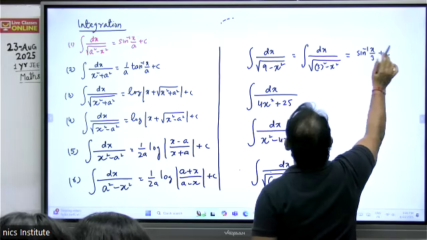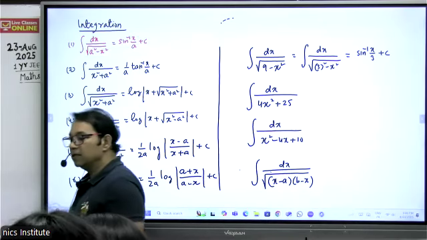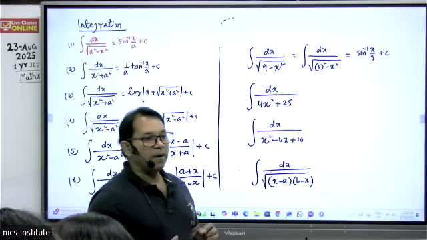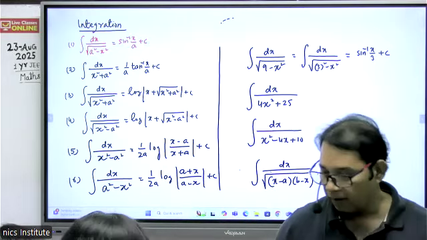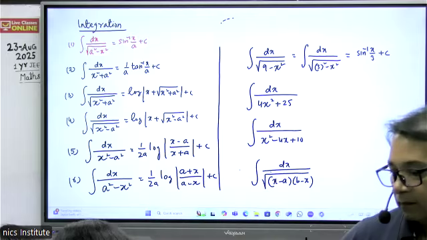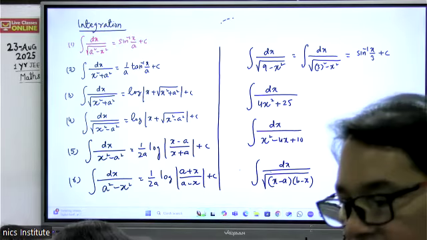Done. Second question, do it. Ensure that in this question, the coefficient of x square is 1. So it'll be better if you take 4 out. Take 4 common. Otherwise you need to divide. Take 4 common. 4 is out, and then apply the formula.